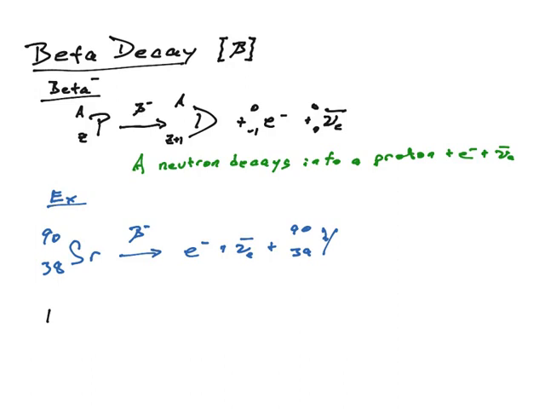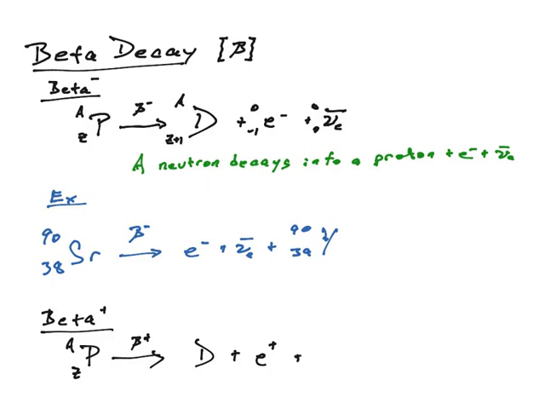Beta plus, well, obviously it's going to be very similar. And in fact, if you were forced to guess, you could probably guess what happens. You have a parent. It undergoes beta positive. You get a daughter. This time, instead of an electron, you get what's called a positron, which is the antimatter version of electron.